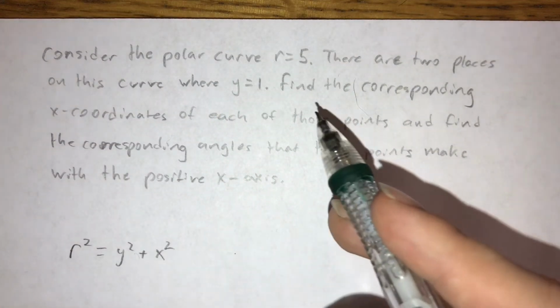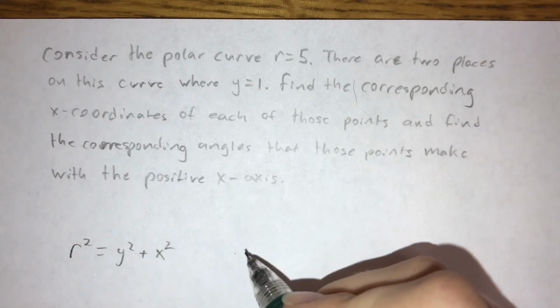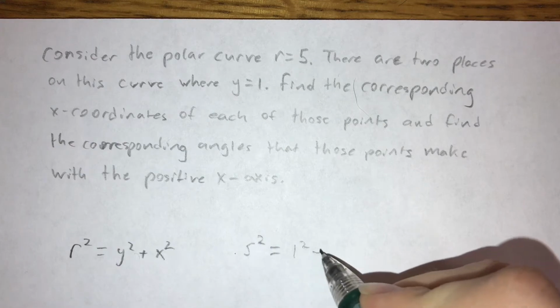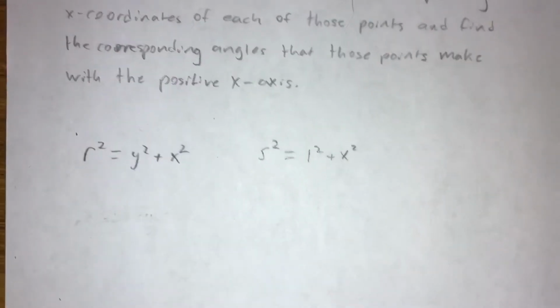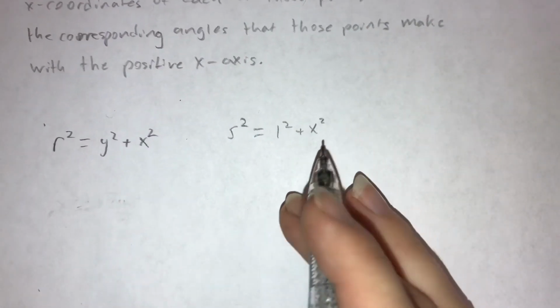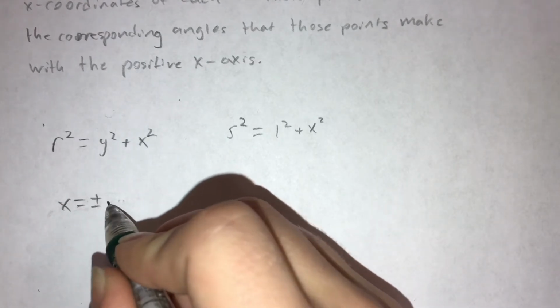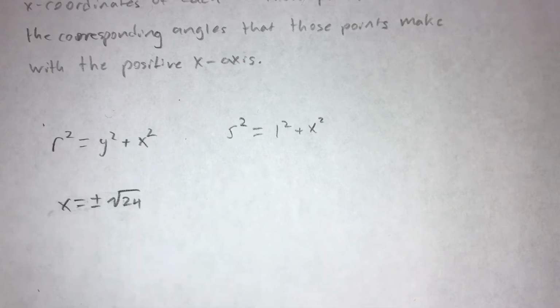So if we plug in the information we have, 5 squared equals 1 squared plus x squared. So to algebraically solve for x, x is just going to equal plus or minus the square root of 24.